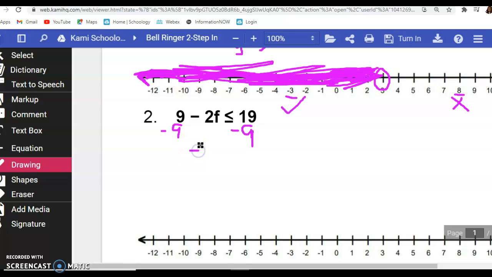Once we do that, we're left with -2f is less than or equal to 10. All right, so we're going to divide both sides by -2.